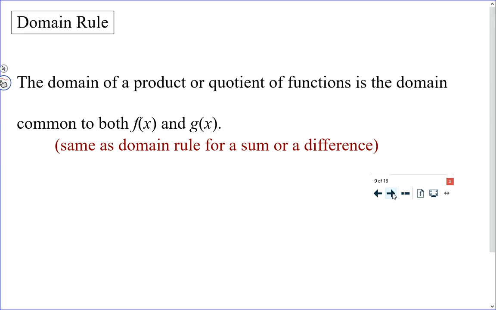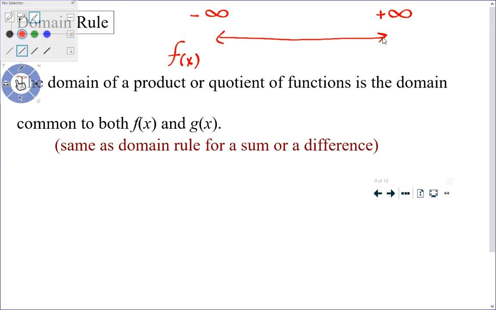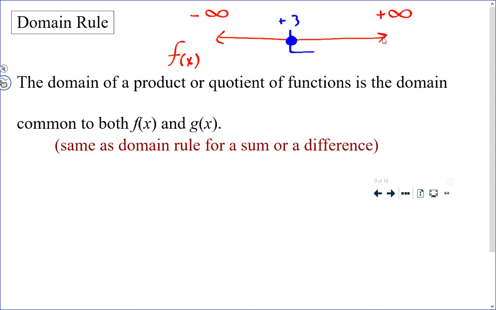A quick illustration: if you had one function, f of x, defined from negative infinity all the way to positive infinity, and a second function that is only defined from positive 3 to positive 12, the only way you can ever add or subtract those two functions is if they both exist.